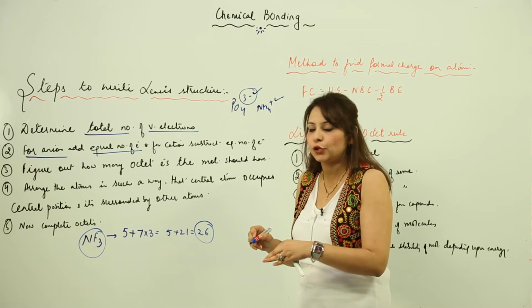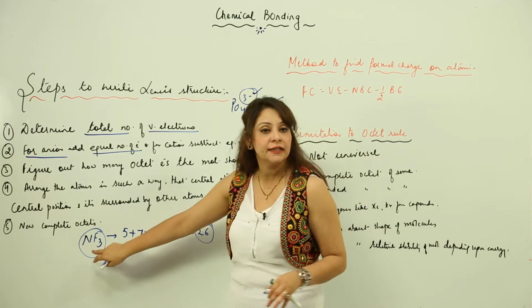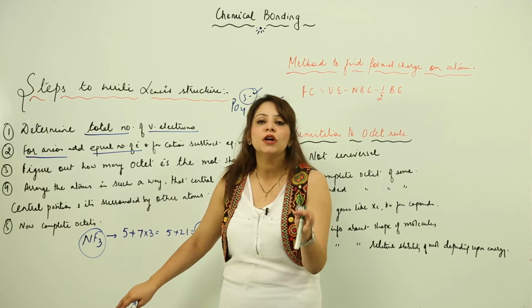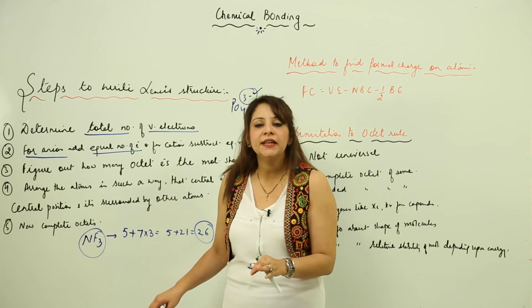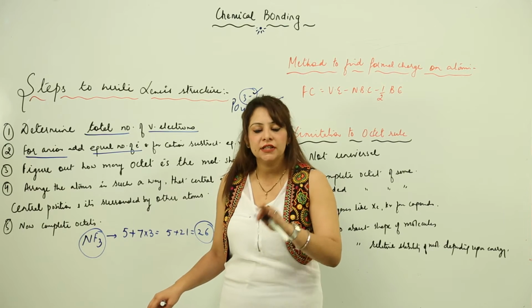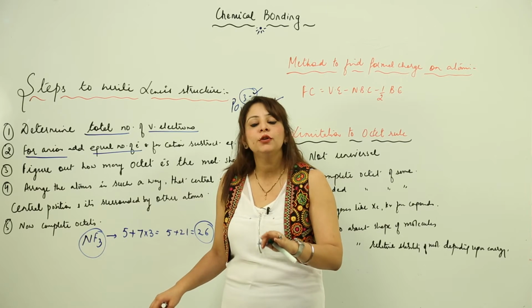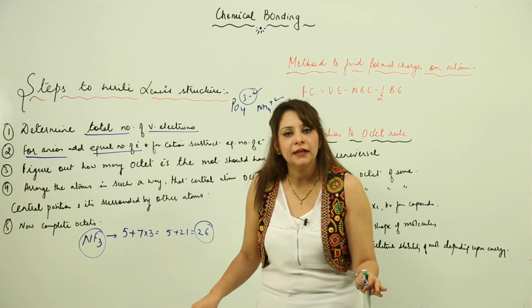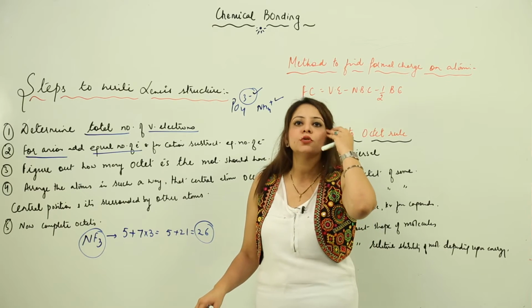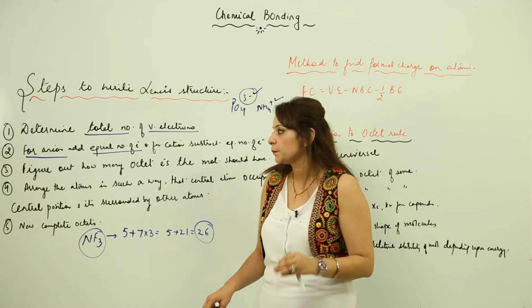In this case, we have taken NF3, which is a neutral molecule, so there is no need to add or subtract any electrons. But if it is a radical or an ion, then if it is negatively charged, you need to add the required number of electrons, and if it is positively charged, you need to subtract an equal number of electrons.